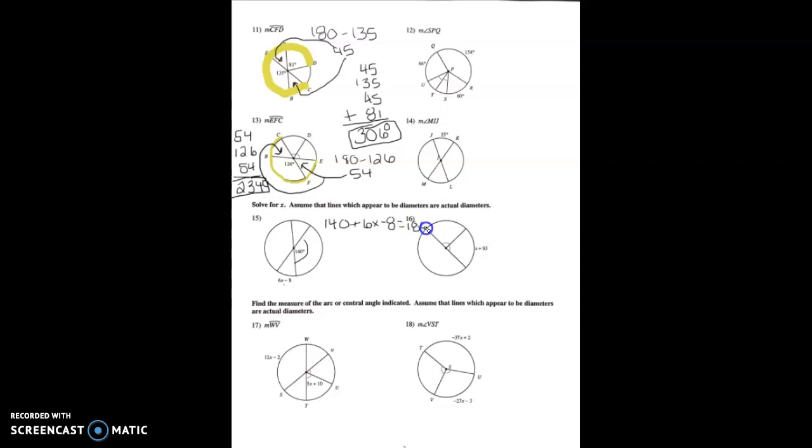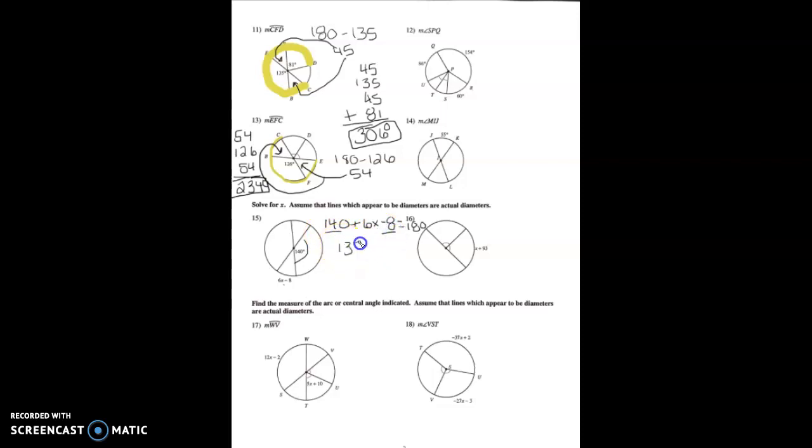180. So then we've got an algebraic sentence here. So we have to combine like terms and solve for x. So when you do that, you end up with, what do you end up with? Let's see. Actually, let's do this. Let's go ahead and combine the 140 and the minus 8.